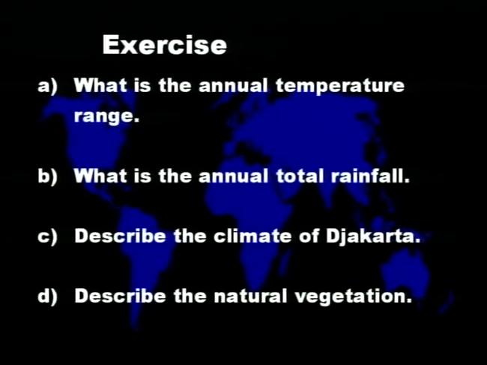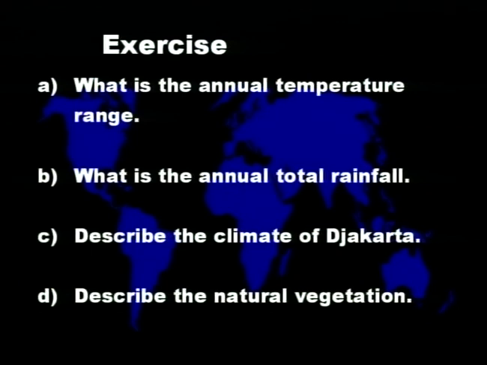The questions are: number 1, study the climograph given and see if you can work out the annual temperature range. Every one of you should know how to do the calculations. Number 2, what is the annual total rainfall? Number 3, you are now required to write in a sentence giving a brief description of the climate of Jakarta.